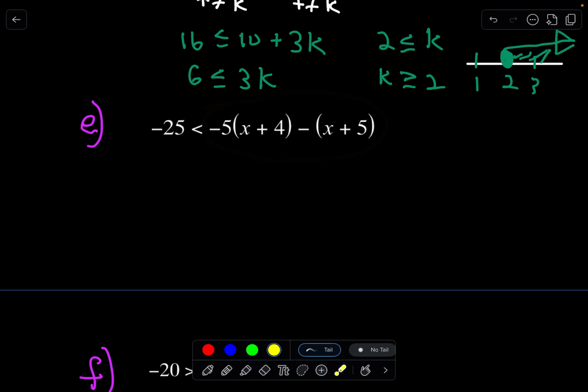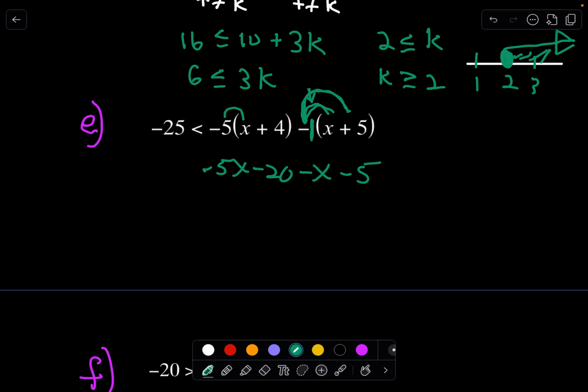You have to simplify the right, which means we have to distribute. So I'm going to distribute the negative 5. So we get negative 5x minus 20. Here, kind of hard because there's no number there. So why don't you put a little 1 there to remind you to distribute the negative 1. So negative 1 times x is negative x. Negative 1 times 5 is negative 5.